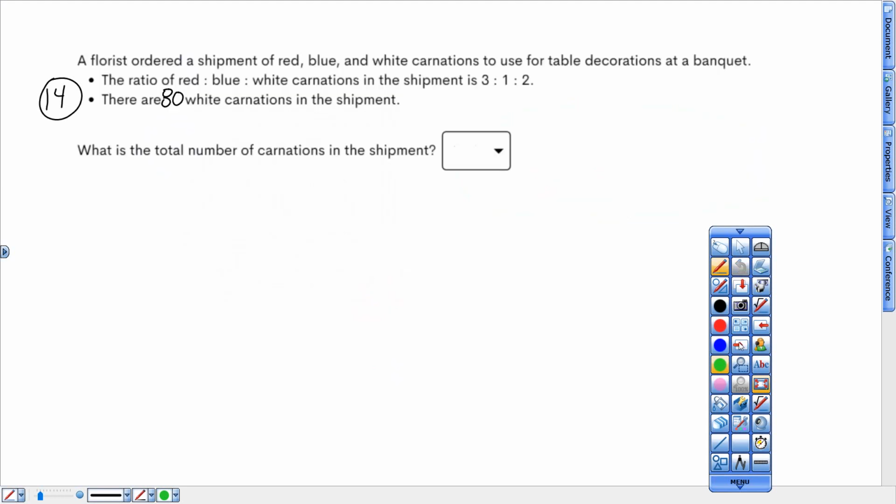This one is that problem where I give you the master ratio and I give you one of the numbers being 80. So you need to see that for this problem right here, to get to this middle number of blue carnations here in the middle, I'm looking at dividing by 2.